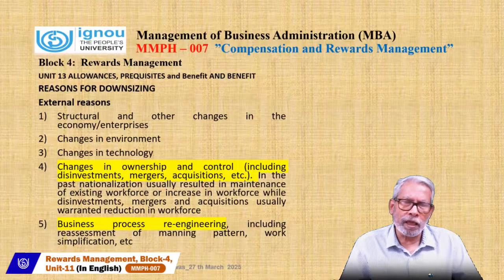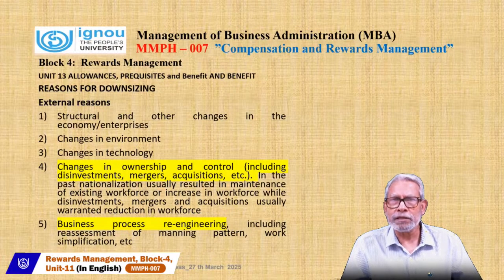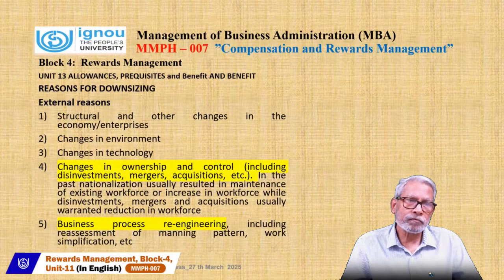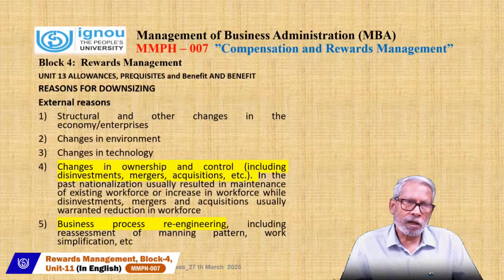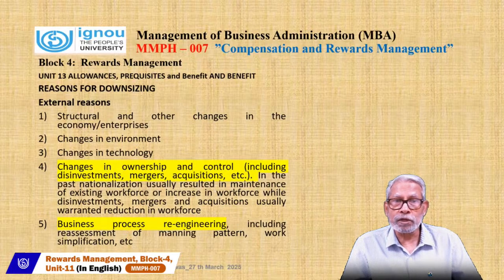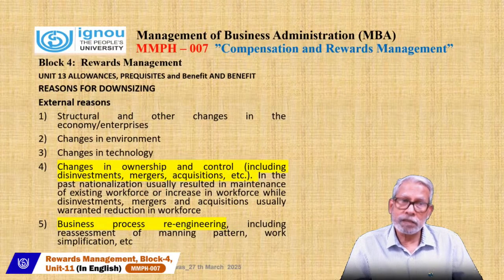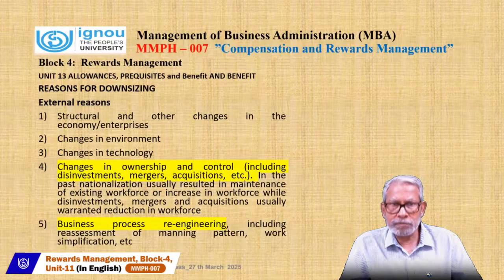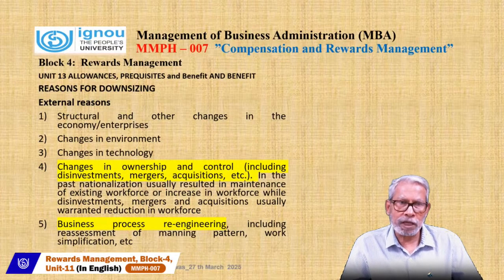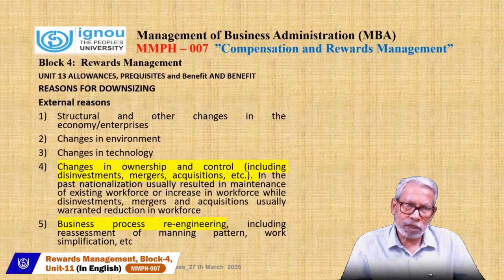As we know, AI, artificial intelligence, is also coming, and because of that there are chances of more downsizing. Another aspect is changes in ownership and control through investments, mergers, and acquisitions. Because of that, sometimes cutting and downsizing are likely.